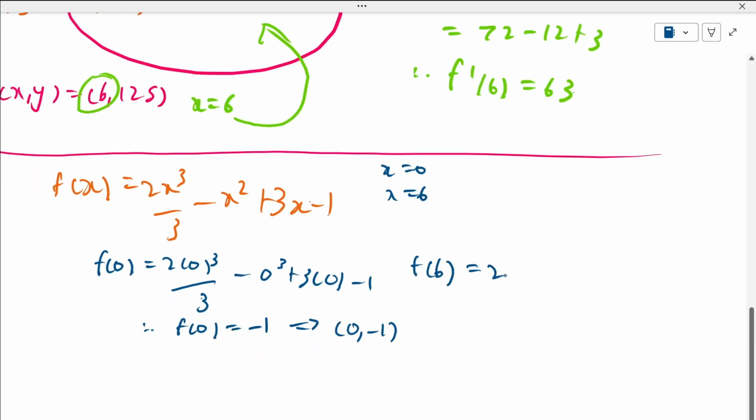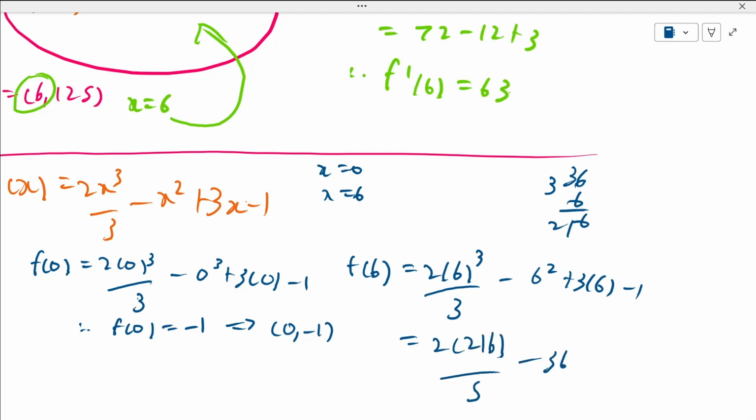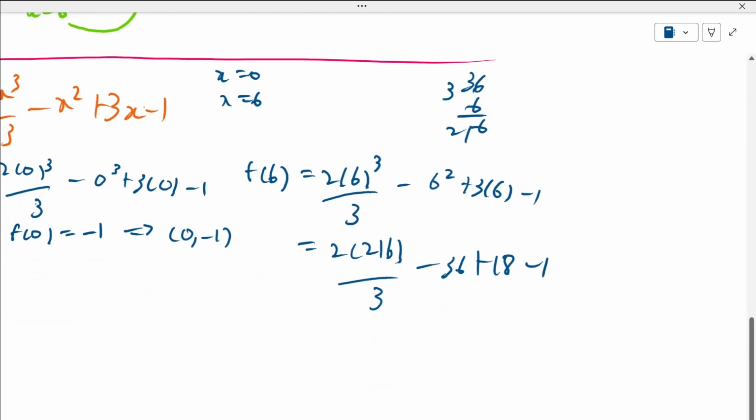Okay, great. Now let's do f of 6. So that equals 2 multiplied by 6 cubed over 3 minus 6 squared plus 3 multiplied by 6 minus 1. So 6 cubed, so 36 multiplied by 6, that's going to be 216. So 2 multiplied by 216 over 3 minus 36 plus 18 minus 1. Okay, so 216 divided by 3, that's 72.